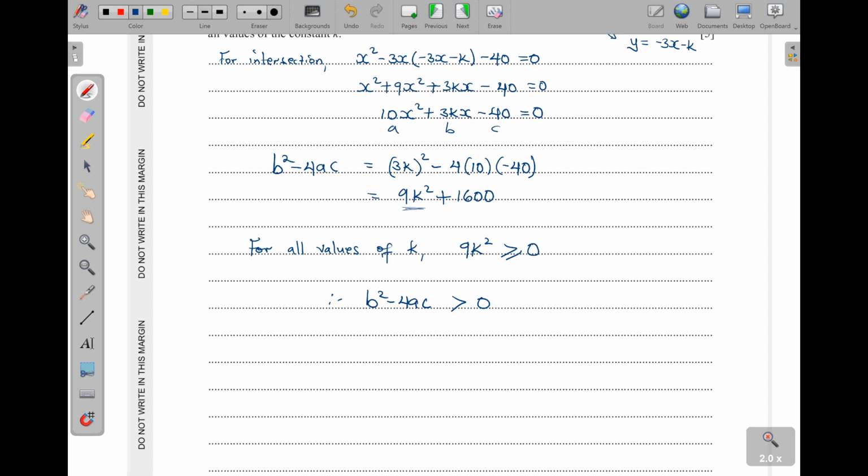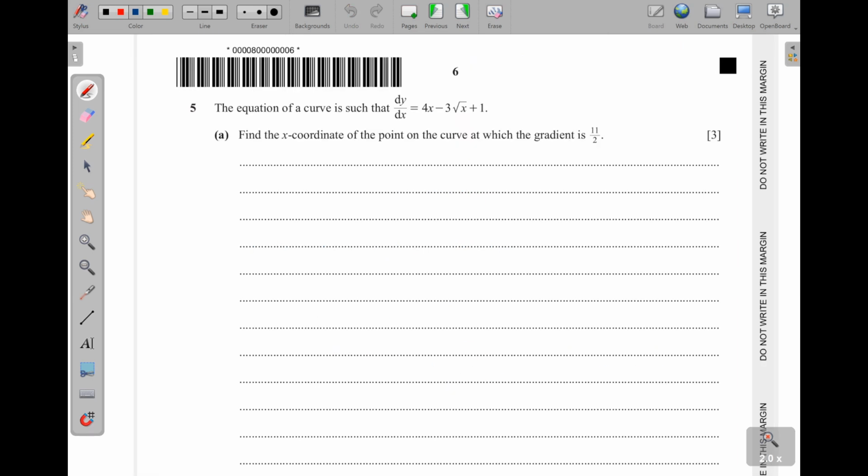So this therefore means that the line and the curve meet for all values of k.